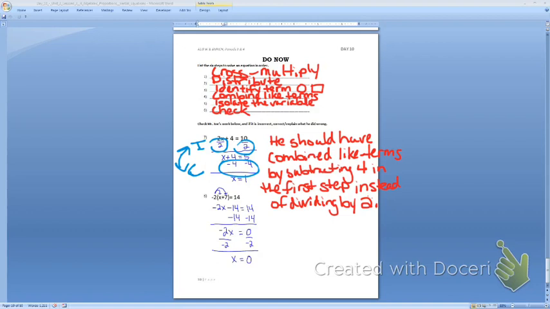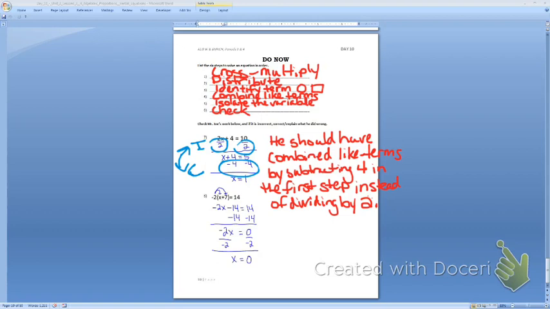Okay, so this would be an acceptable answer. He should have combined like terms by subtracting 4 in the first step instead of dividing by 2. Yes, on a math ECA you have to write some sentences sometimes, so yes, you would have to write that all out, so that would be the best answer. If you have any questions about whether your answer would be accepted or if you would get even partial credit, feel free to ask an instructor.